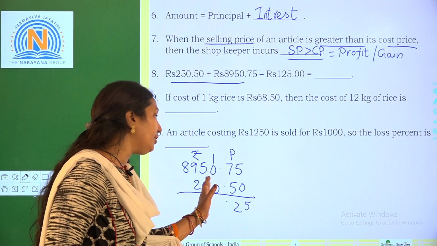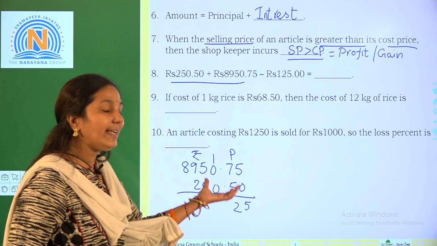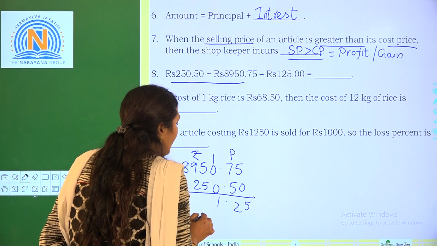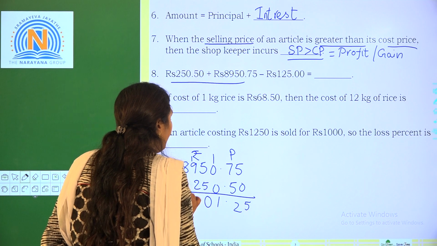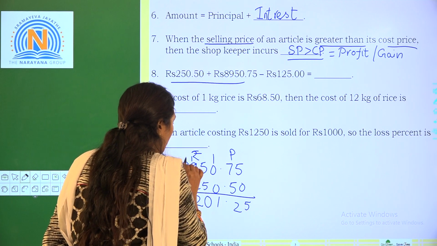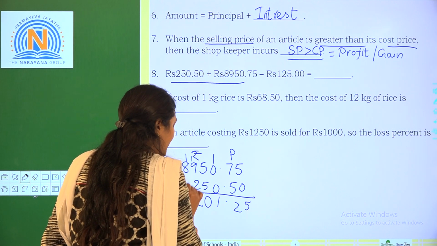We write 1 rupee in the rupee column and the remaining 25 paise in the paise column. 1 plus 0 is 1, 5 plus 5 is 10, 1 plus 9 is 10, 10 plus 2 is 12, 1 plus 8 is 9.